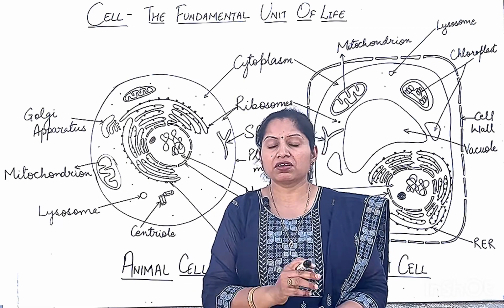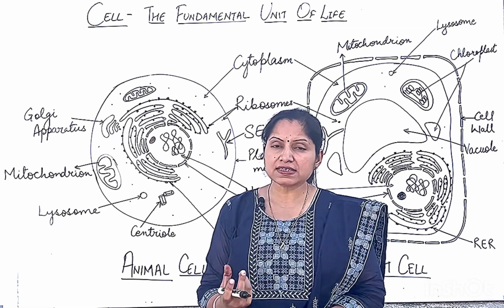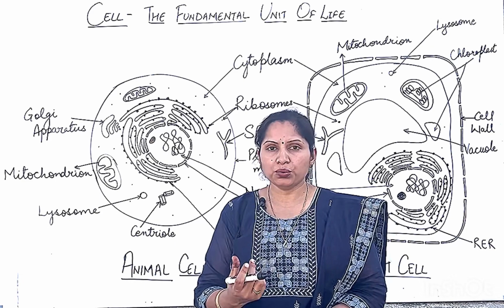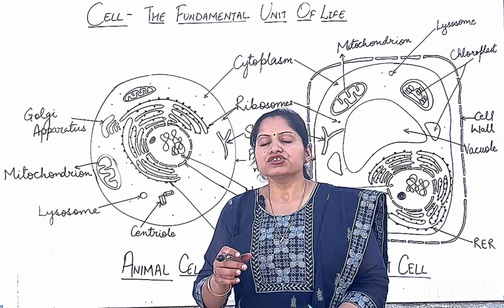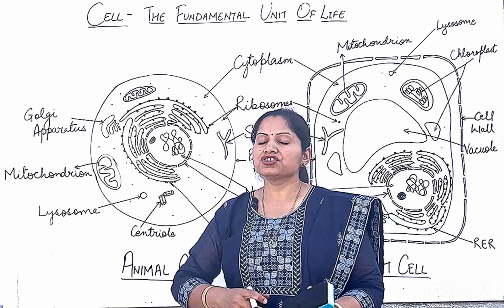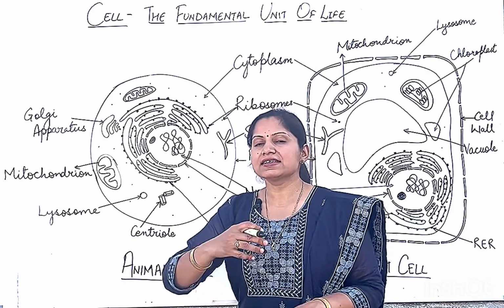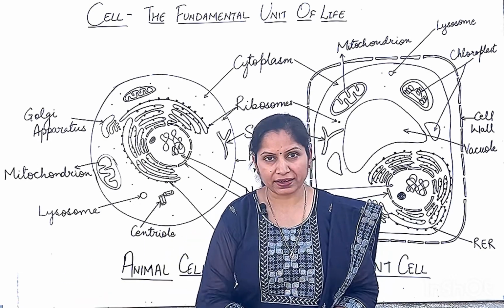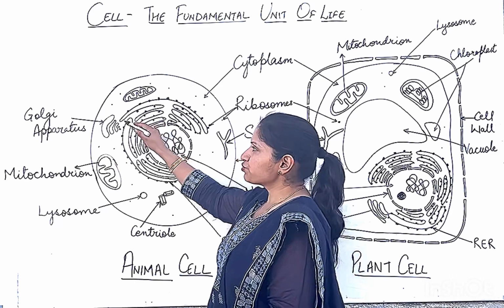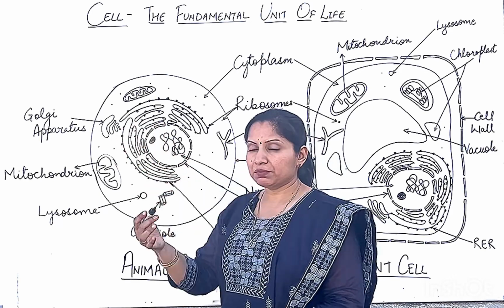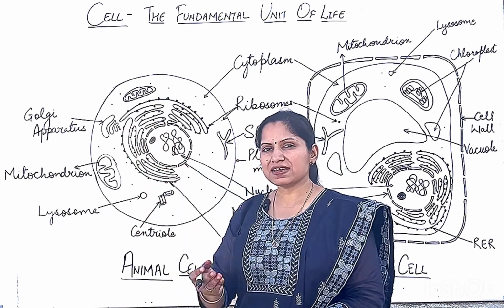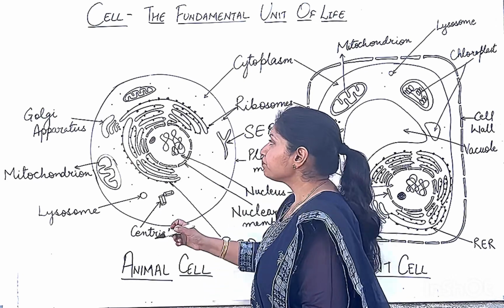Because endoplasmic reticulum is going to synthesize different things, and Golgi apparatus is going to pack those things, store those things, and modify that and send it to the places where it's required. So it has to be close to the endoplasmic reticulum so that it can perform the functions, because the functions are related to each other.